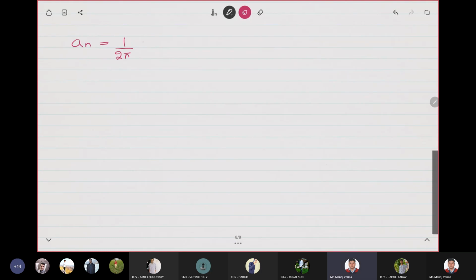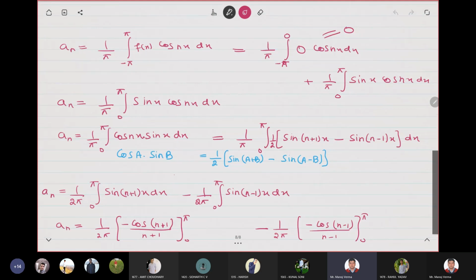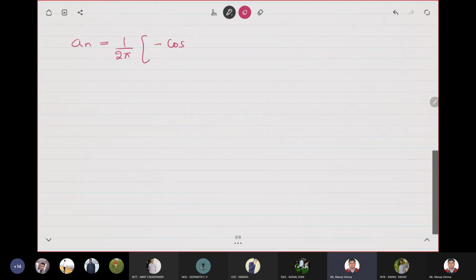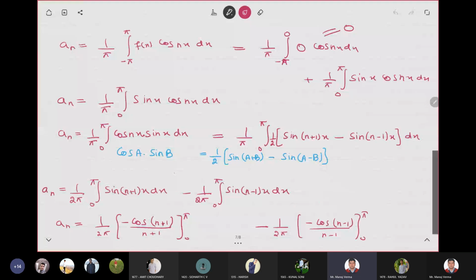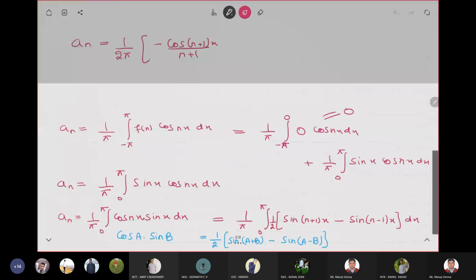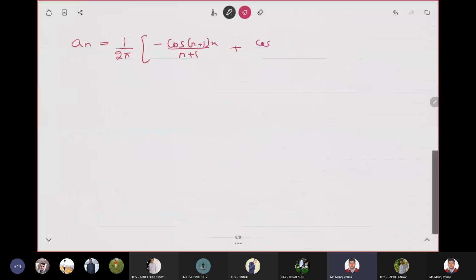It will be 1 over 2 pi minus, okay, minus cos (n plus 1) x by n plus 1 from pi to 0. Similarly, this will be plus now, and it will be cos (n minus 1) x upon n minus 1, and both we have to insert limits.